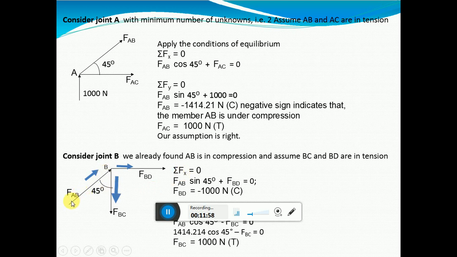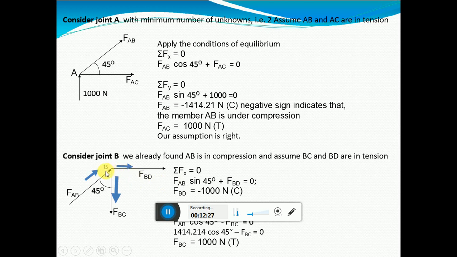So this one FAB, it's making an angle of 45 degree with the y axis. So along x it will be FAB sin 45. When you resolve it along the x axis, it will be FAB sin 45 moving towards the positive x axis. So it is positive.